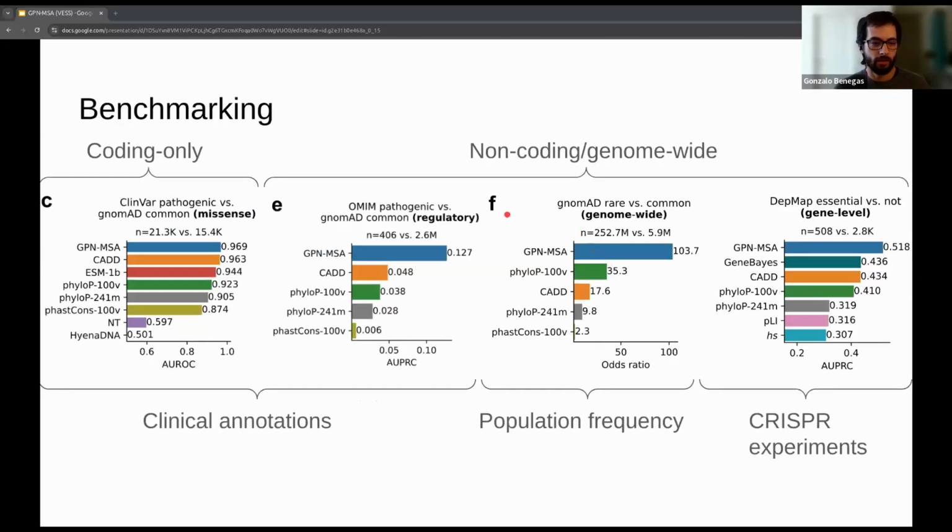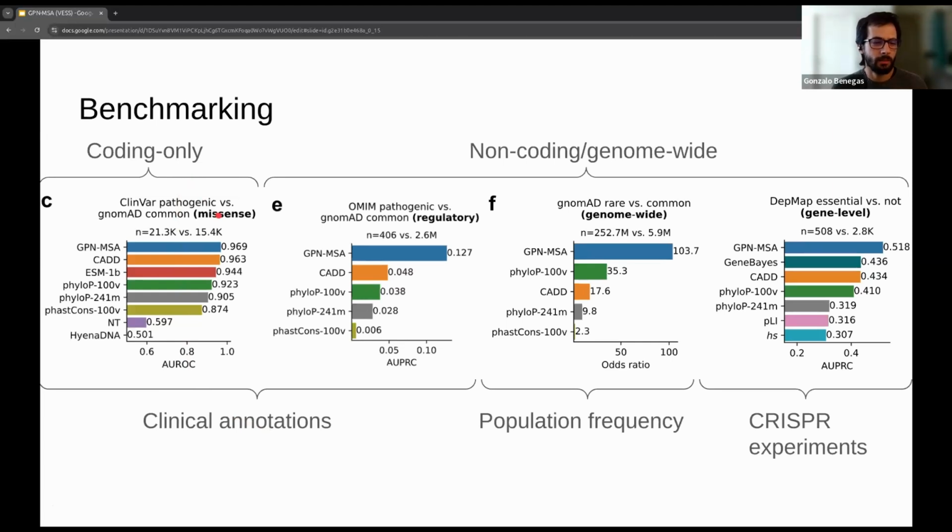Now for benchmarking, we try to cover a wide range of different kinds of variants and different sources of evidence, such as clinical annotations or experimental data. To begin with, for coding variants, we use ClinVar, a very established database of annotated pathogenic or disease-causing variants.